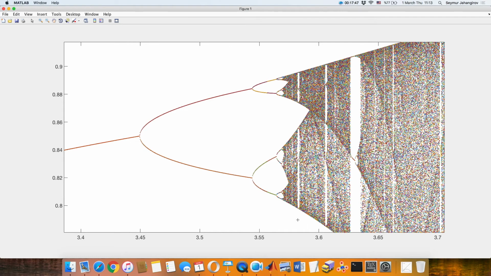And right about here at 3.57 or so, you actually hit chaos. Because now you are at 32, 64, it goes on. And you can see that as you approach this, the R parameter that you need to span for period doubling to occur gets smaller and smaller. Okay?